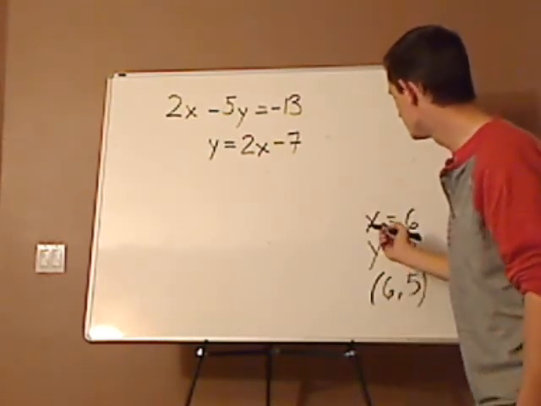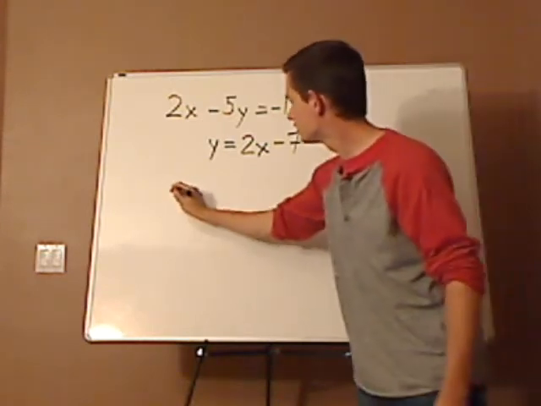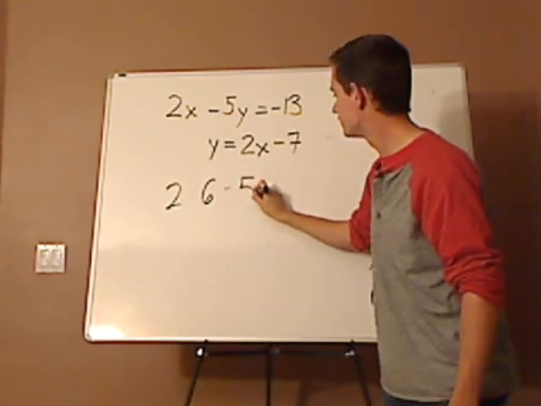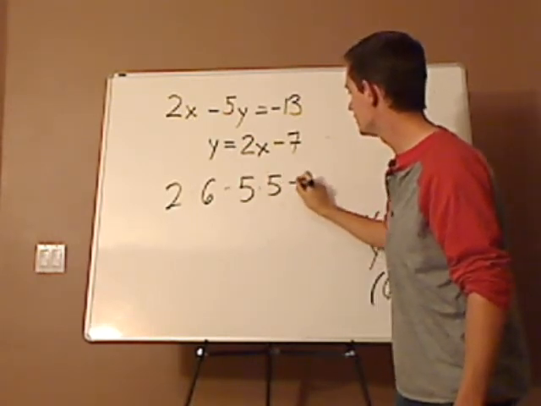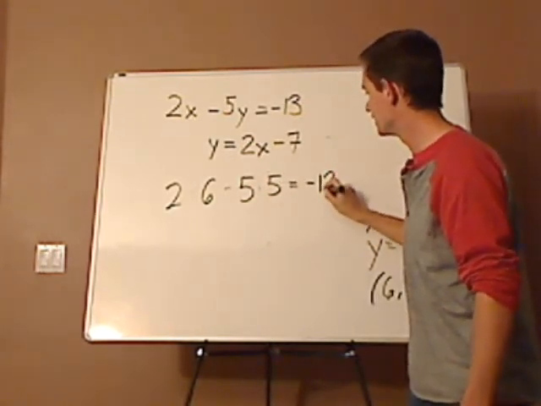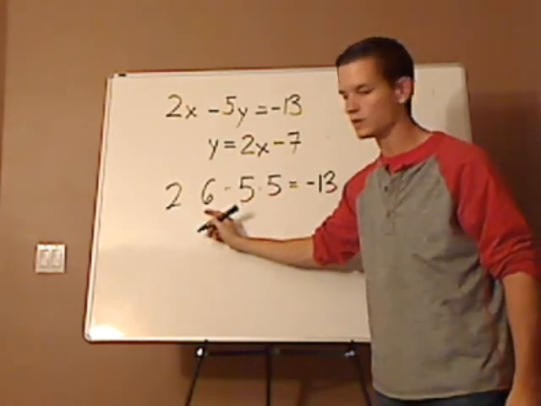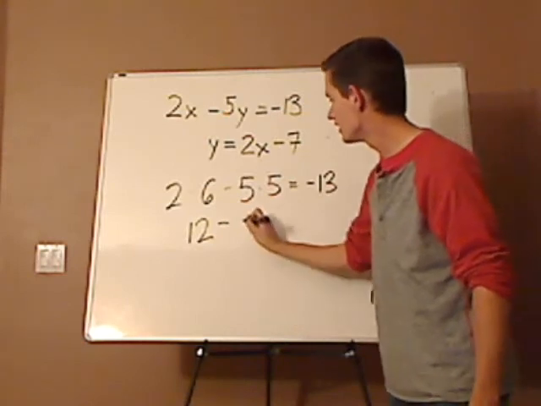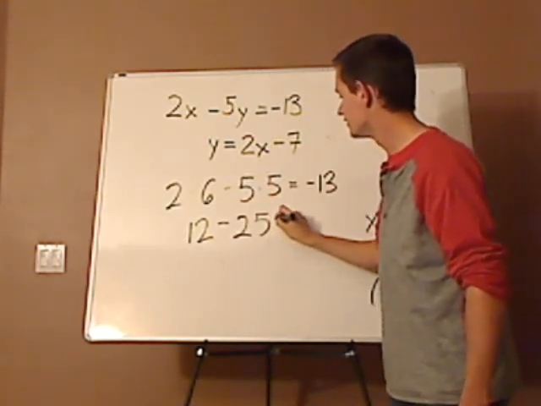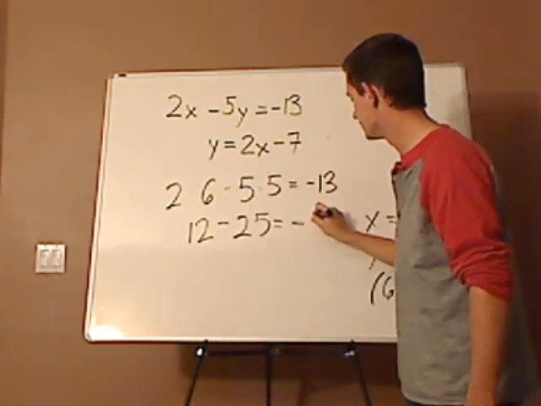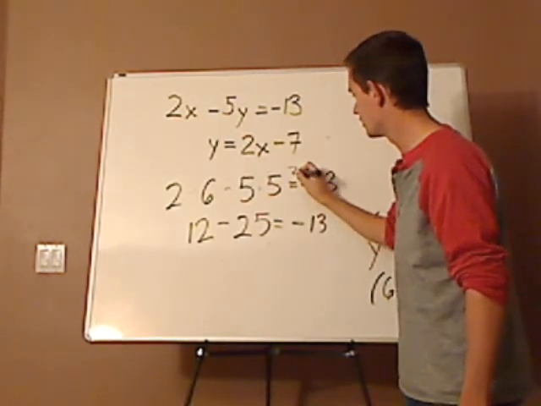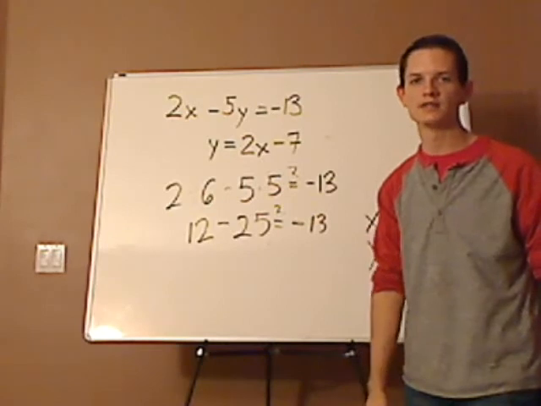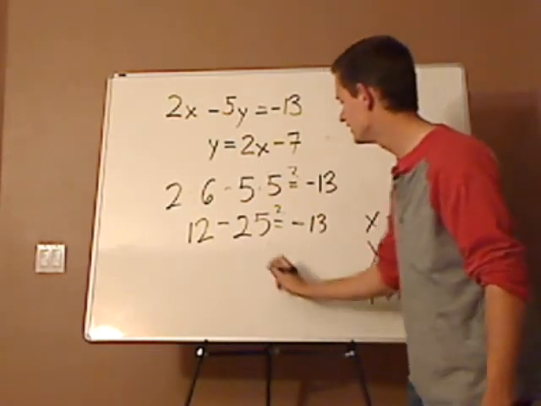I have 2 times 6 minus 5 times 5 equals negative 13. 2 times 6 is what? Yeah, 12. And what's 5 times 5? Yeah, 25. And so negative 13 on this side. Still a question mark. We don't know if they're equal. We're just checking it. And what's 12 minus 25? Yeah, it's negative 13.